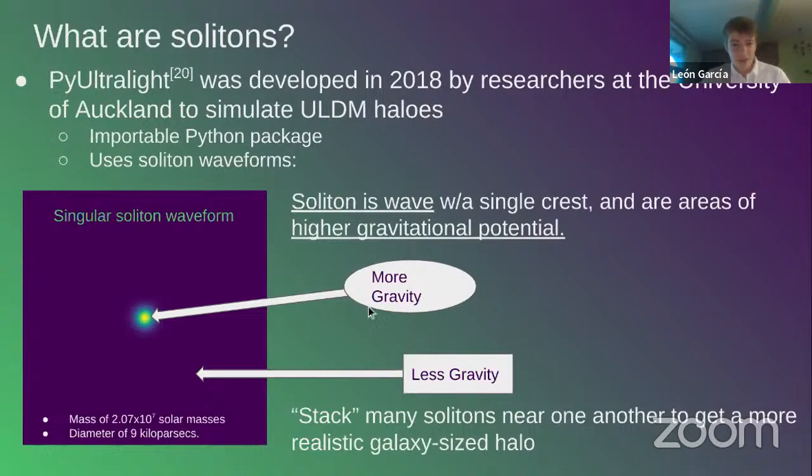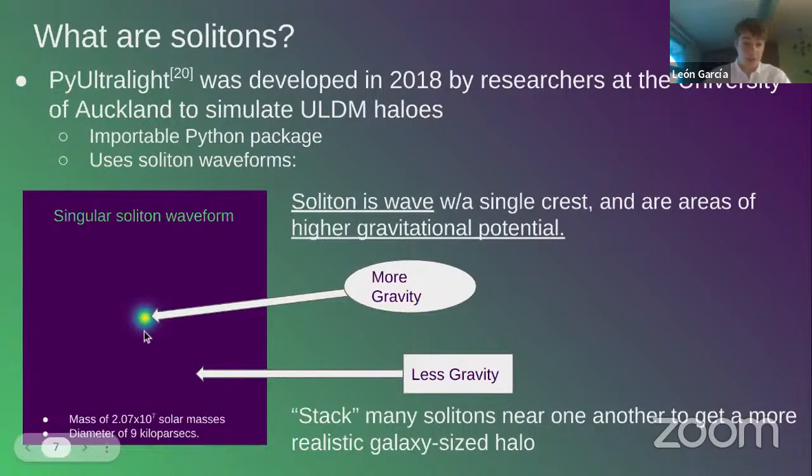And so this is showing what the soliton looks like. This is an area with more gravity, and then this purple area is an area with less gravity. And although this presentation is about dark matter, this is a relatively colorful presentation, which is a good way of looking at how dark matter behaves.